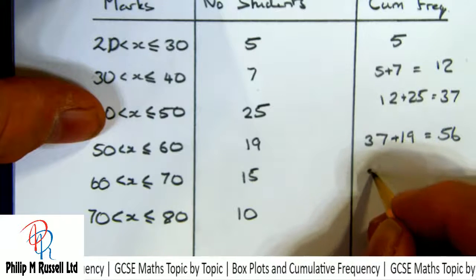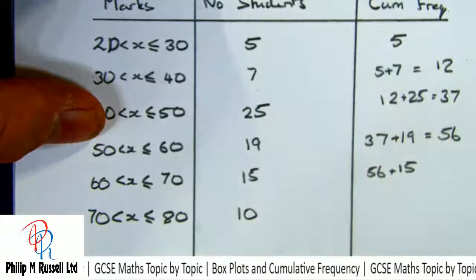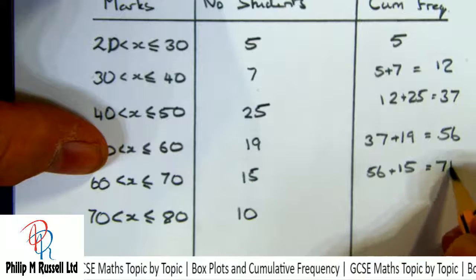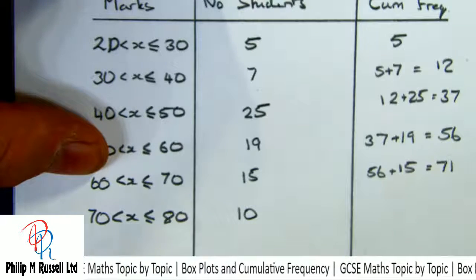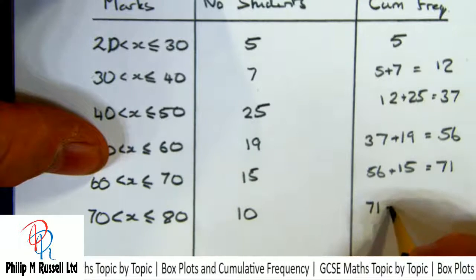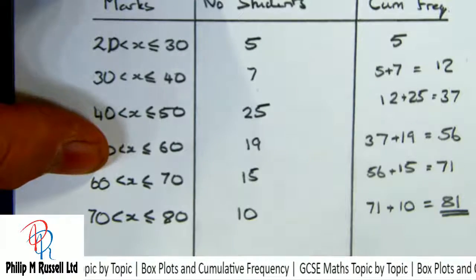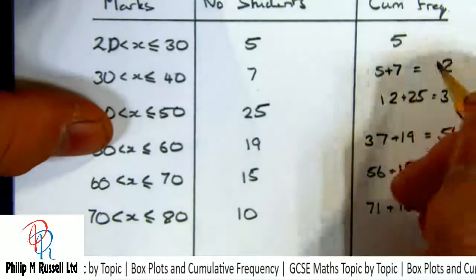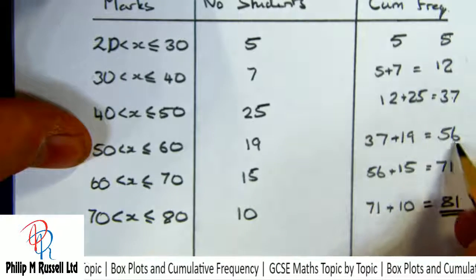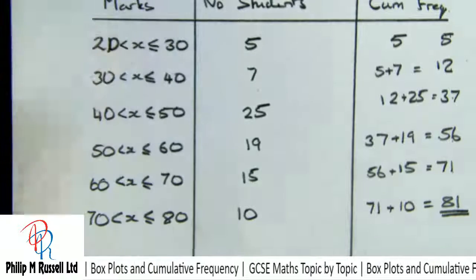This one is the 56 plus the 15, which gives me 71. And finally, I've got my 71 plus 10, which says that we had 81 children. So I've got my 5, 12, 37, 56, 71 and 81 to plot.